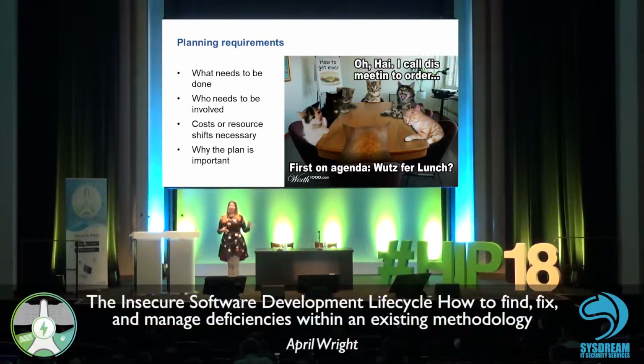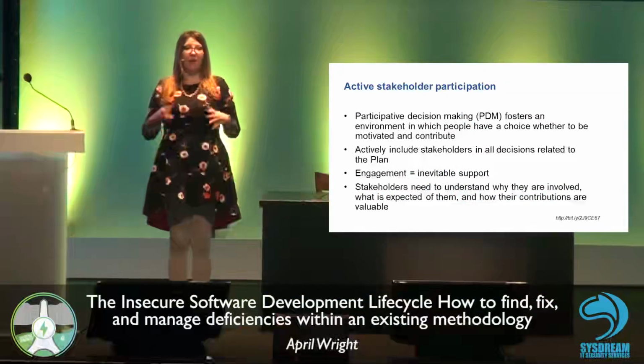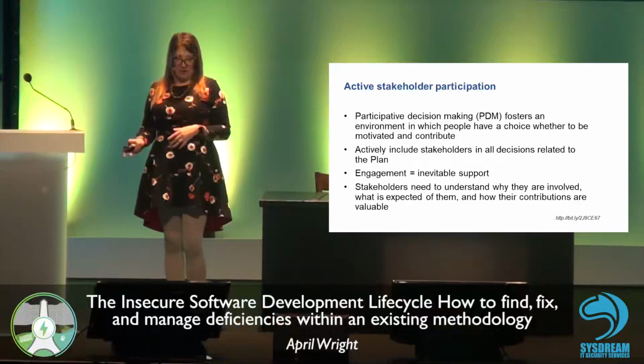And then they're going to say, so why are we doing this? So we need to talk about why it's important. We need to talk about the metrics and the other things that we are trying to be influential with in terms of buy-in. So we talked a little bit about active stakeholder participation. When somebody is involved in making a decision, they are more likely to support it.